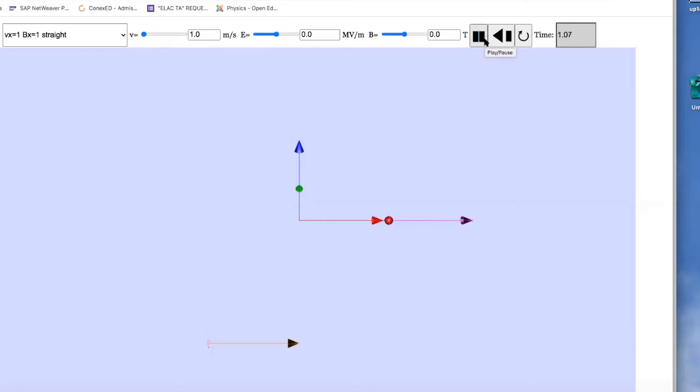The charge just simply goes to the right at constant speed, and it takes 4 seconds to get to the right. Exactly. Remember, that's what happened when I had the user-defined case where I put the E field was 0. You see that? Okay.